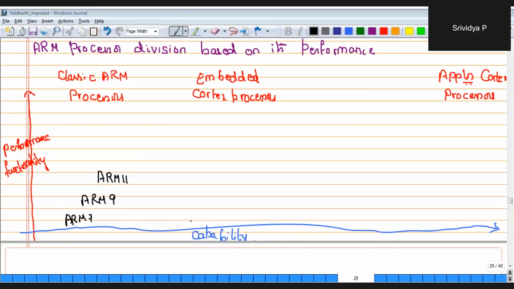Under embedded Cortex processors, we have Cortex M0, Cortex M1, Cortex M3, and Cortex M4 processors. All four, M0, M1, M3, and M4, are used for microcontroller applications. So we call it the microcontroller profile.